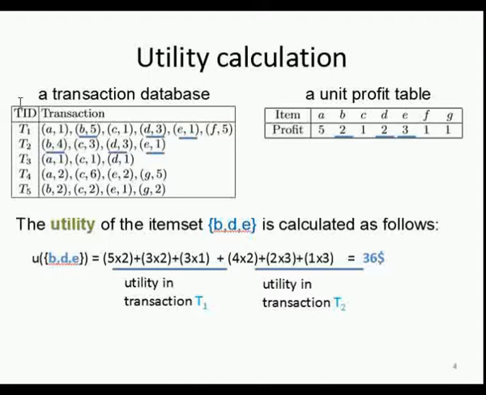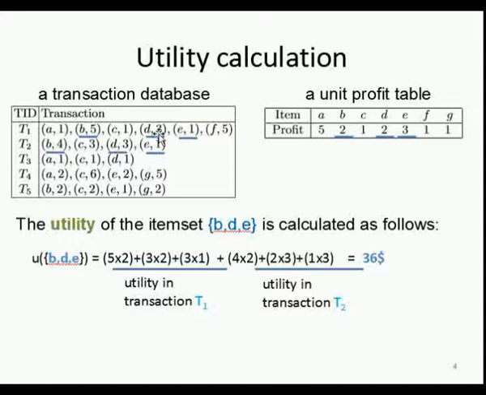So if you look at the transaction database, we need to find all the transactions that contain B, D, and E together. So B, D, E together appear in transactions 1 and 2. I have highlighted these occurrences there. Okay. So how to calculate the utility of BDE? It is the amount of money in transaction 1 plus the amount of money of BDE in transaction 2. In transaction 1, we have 5 units of B, and they have a $2 unit profit, so 5 multiplied by 2.